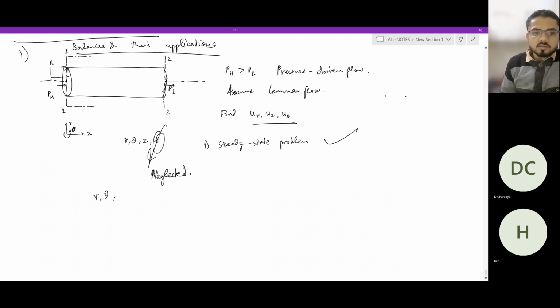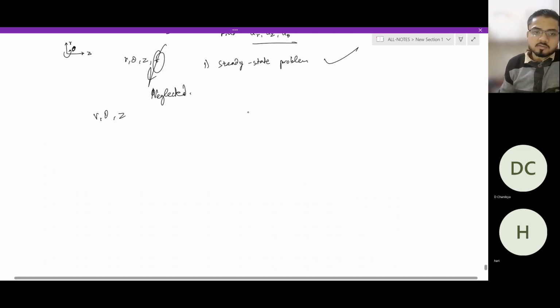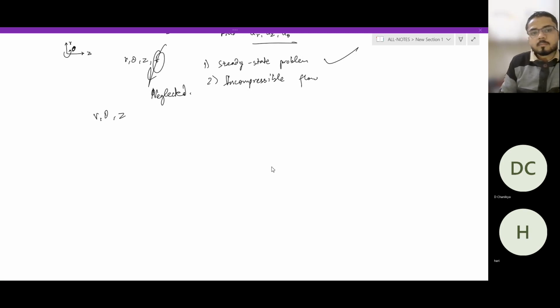Now we've got r, theta, and z. Now just look at this problem really carefully. The second assumption that we make is that you have something called incompressible flow.